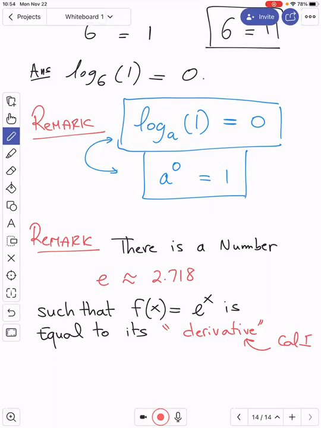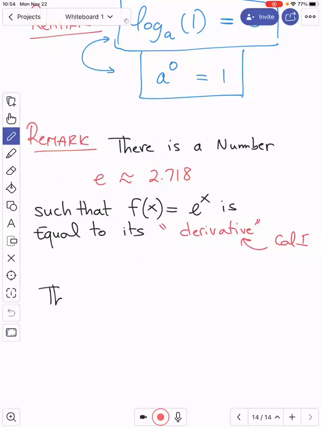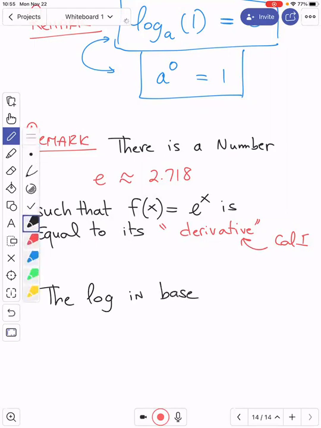The exponential using this base e is called the natural exponential, and the corresponding log, the log in base e, is called the natural log.